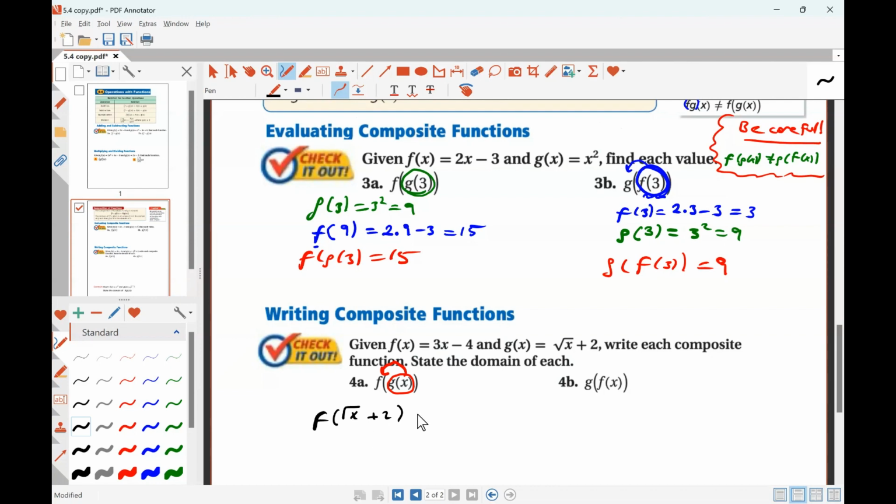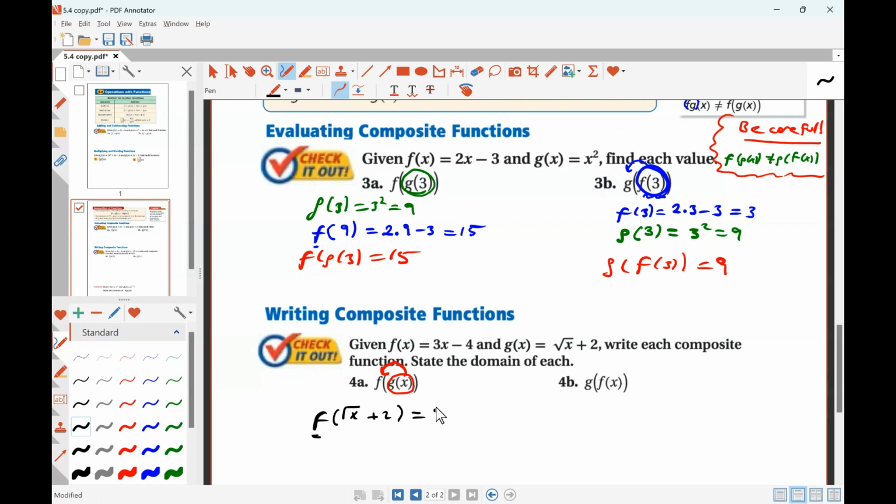And now, this is evaluating functions. We have another thing, not just x, we have square root of x plus 2. All we have to do is insert square root of x plus 2 for x in function f. Our function f is 3x minus 4. You replace x with square root of x plus 2.